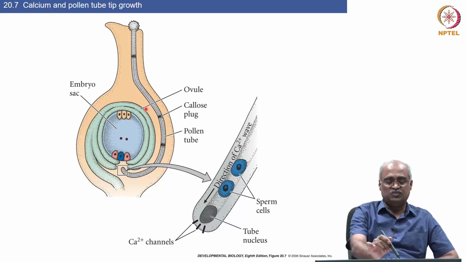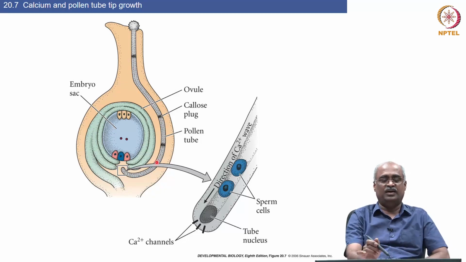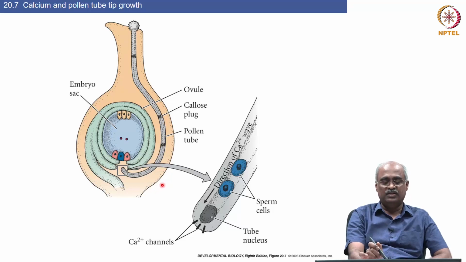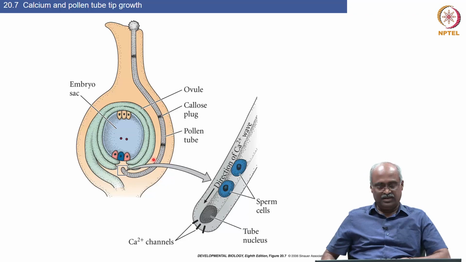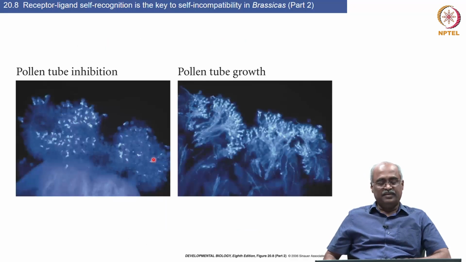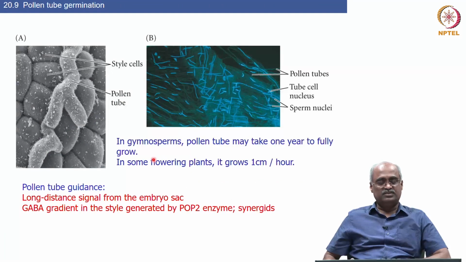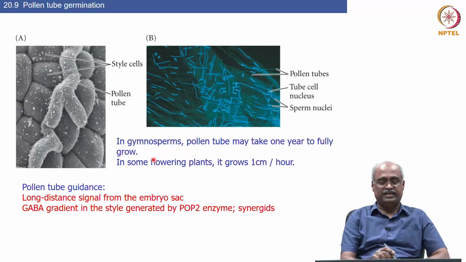And in addition, the sporophytic cells of the style itself are also required. For example, it builds up a gradient of GABA, which is a neurotransmitter in animals, and this GABA gradient also matters. There is an enzyme called POP2 that degrades GABA, and as a result it generates a gradient from the source where GABA is produced to the sink where it is being degraded.